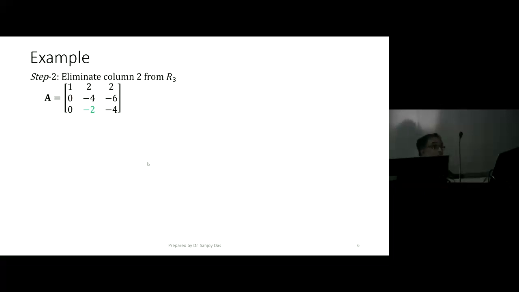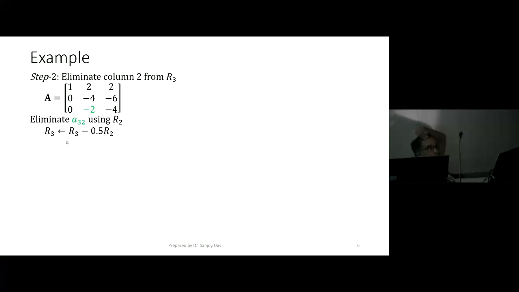Step 2 is next. Now here, I'll focus on zeroing out the elements from column 2. In step 2, I will use row 2 to eliminate the entries below it, so row 3 only. This is my goal, to eliminate A32 using R2.